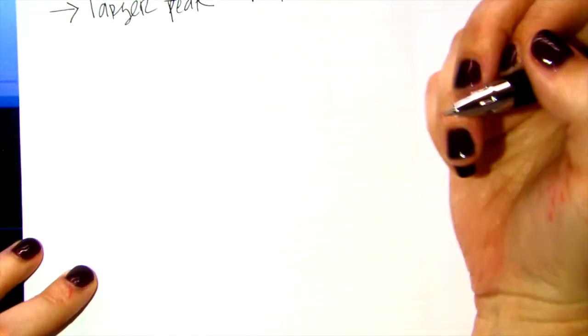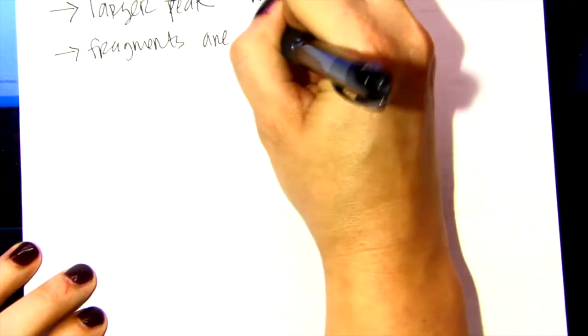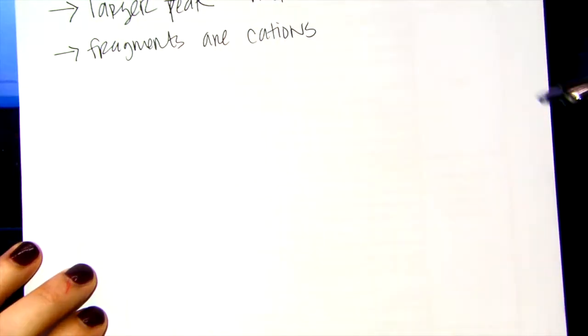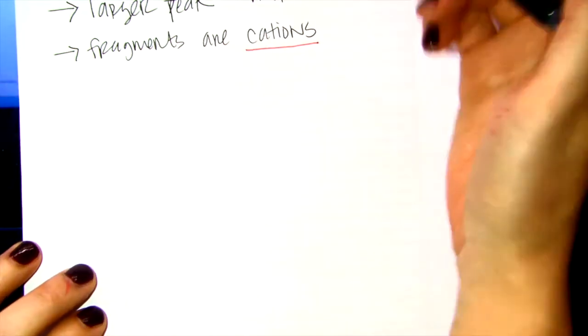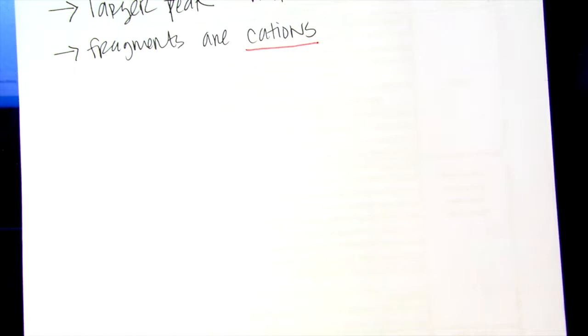So also keep in mind the fragments that are being detected are cations. So we're kind of assessing cation stability here. Okay, so don't forget that the fragments are cations. They're positively charged. And so if there's a fragmentation in your molecule that leads to a stable positive charge, a stable carbocation, that's more likely to be a larger fragment piece.